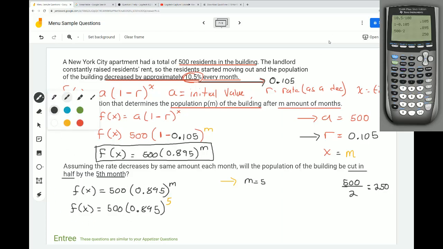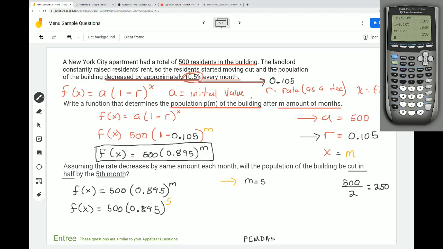Now we're going to evaluate. Now remember, we have to follow PEMDAS, the order of operations. So I see 500 times 0.895 to the 5th power, but we don't want to multiply first. First, we have to see, is there anything to simplify inside the parentheses? We cannot simplify 0.895. There's nothing to add to it.